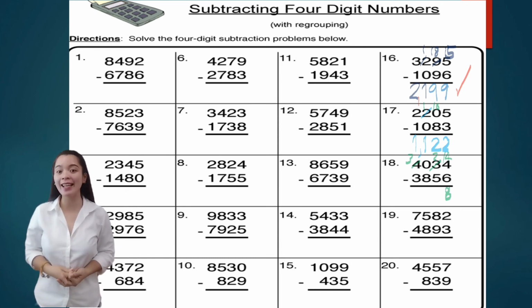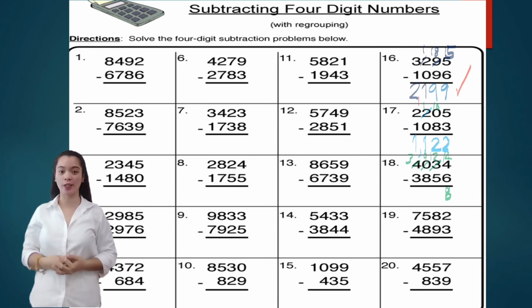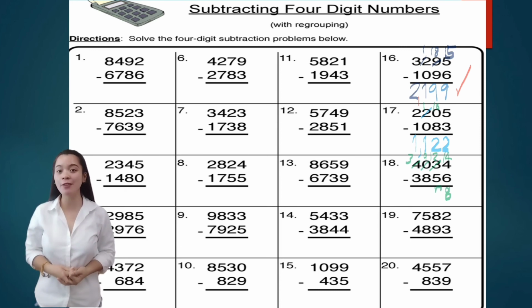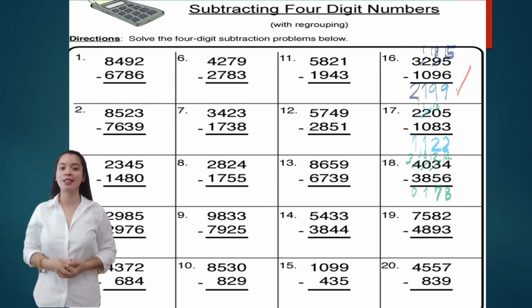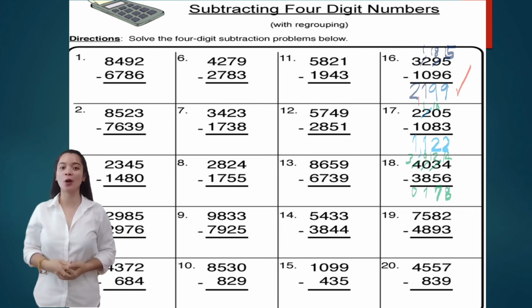So the 2 will borrow from 0. So 0 becomes 9 and 2 becomes 12. So 12 minus 5 equals 7. 9 minus 8 equals 1. 3 minus 3 equals 0. So we have the answer 178. Okay, let's check your answer here. Check and check.